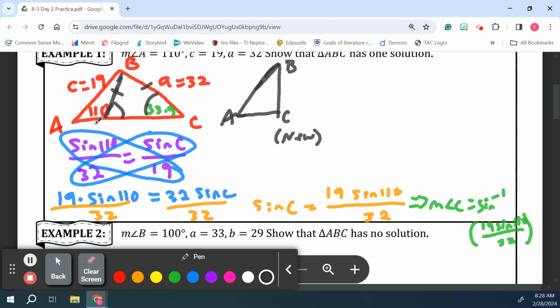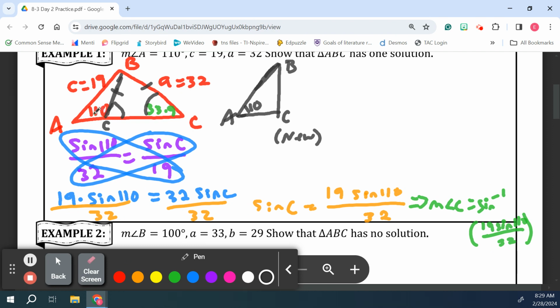What I'm calling this is my new C value. That's why yesterday when we did the notes, it had C1, C2. So this right here is my new C value. Now the A stays exactly the same. That's 110. Nothing's changing there because we're using that same angle.